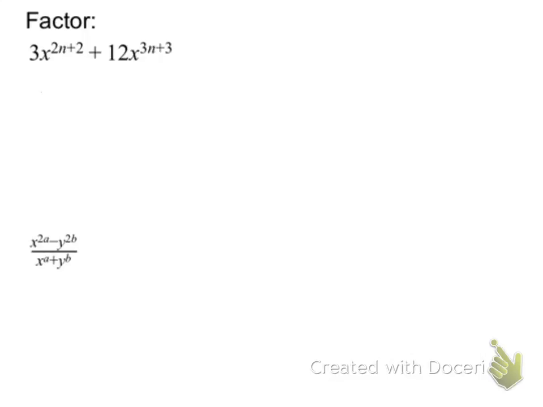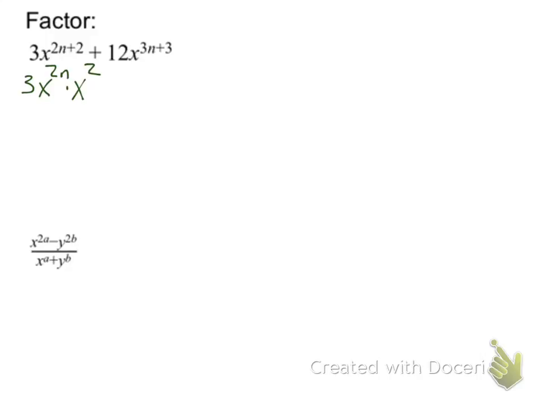And so I'm going to have a 3 x to the 2n times what? X squared. Because x to the 2n times x squared becomes x to the 2n plus 2.